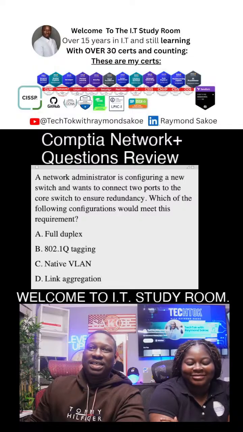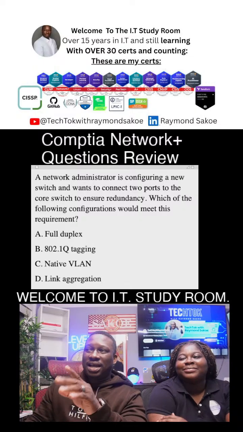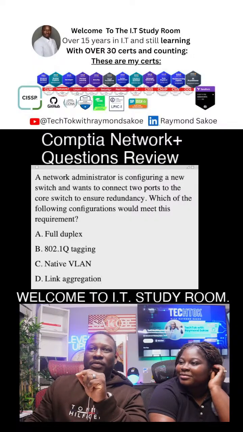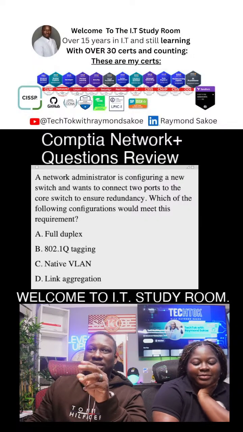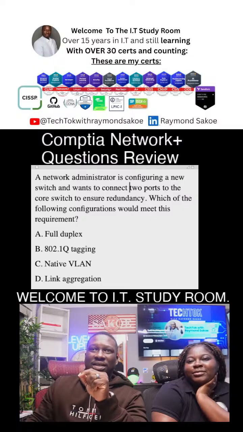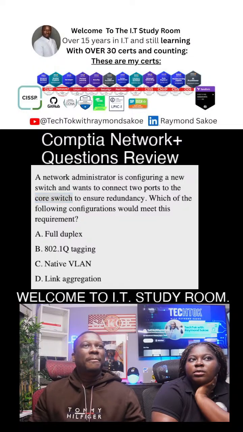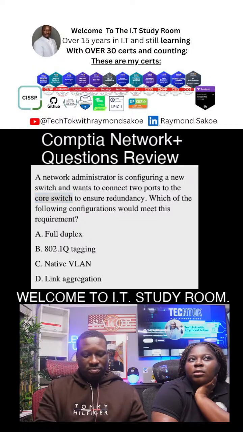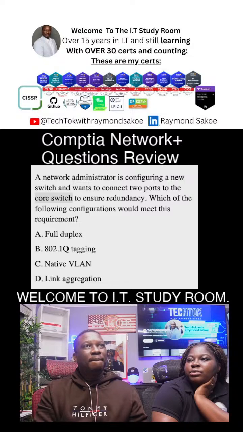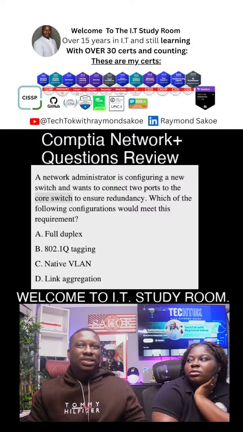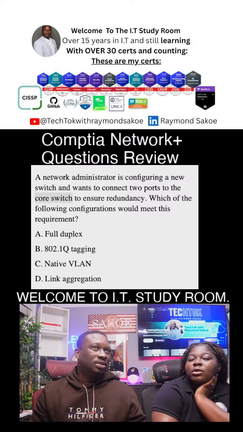So the answer is D, link aggregation, right? But before we even discuss the answers, we have a keyword here, which is redundancy. And core switch, right? This might be a little confusing. A switch is a switch, so why would you say core switch?